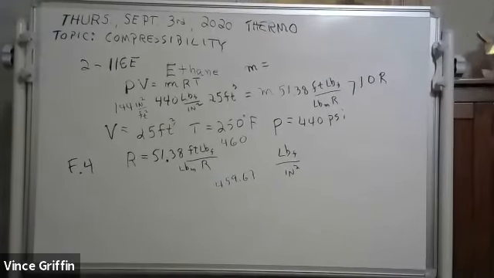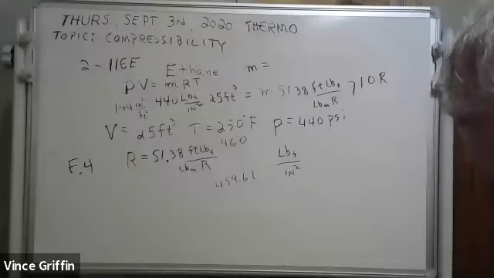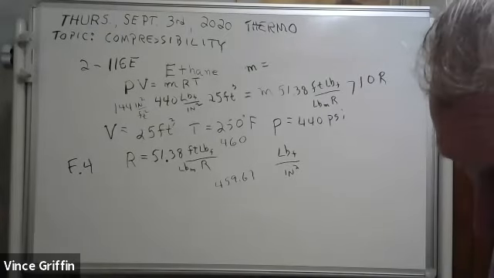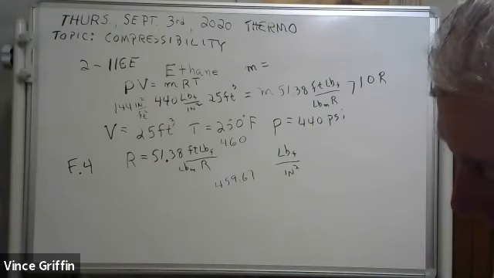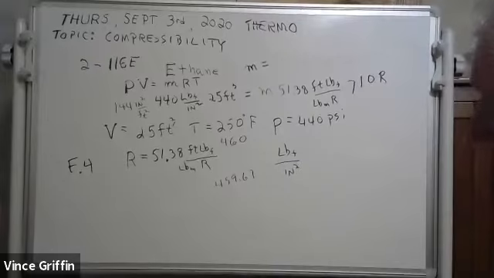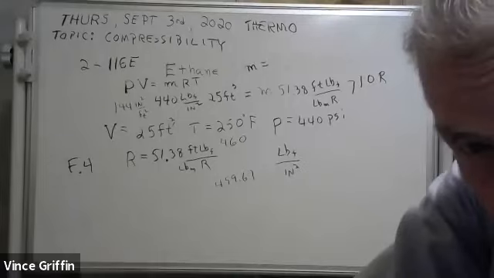Unmute, William, and tell me what you got for the mass. I'm still trying to find my calculator currently. That's okay, William. Search around, maybe you'll find it. Look under the couch or under one of the cushions. Let's go to my friend Reagan. Reagan, have you got the mass yet? No, I'm still calculating now. You still working on it? Yes, I'm still working on it, sir. Well, that's fine. No problema.